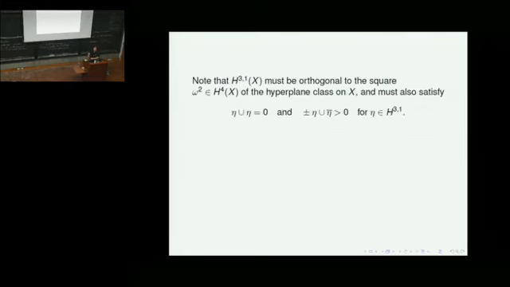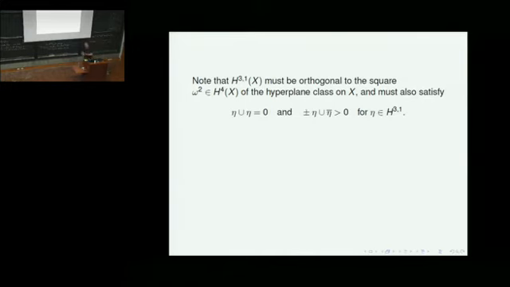Now, H^{3,1} can't be completely arbitrary. For one thing, it has to be orthogonal to the square of the hyperplane class. We always have a class in H^4, the square of the hyperplane class, and that lives in H^{2,2}, so it must be orthogonal to H^{3,1}. So H^{3,1} has to be orthogonal to the one-dimensional subspace spanned by omega squared.